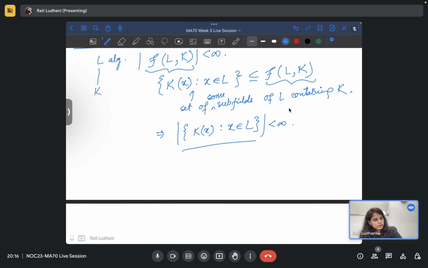So now what you can take, consider alpha, consider K(alpha), which is maximal, or maybe a better way, pick K(alpha) maximal in terms of dimension.